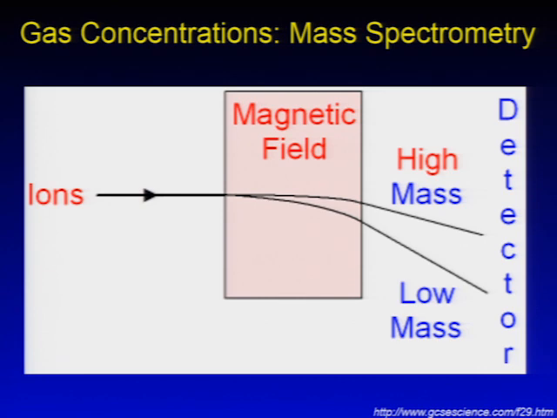Now, gas concentration can be detected with mass spectrometry. So in general principle, mass spectrometry can identify the amount of ions using a magnetic field, and then you can see the differentiation based on the mass of the ions.